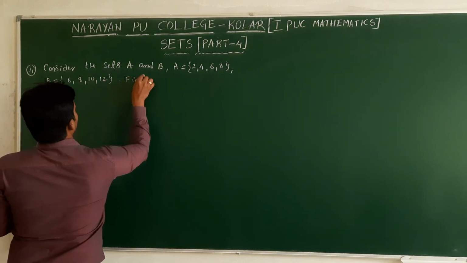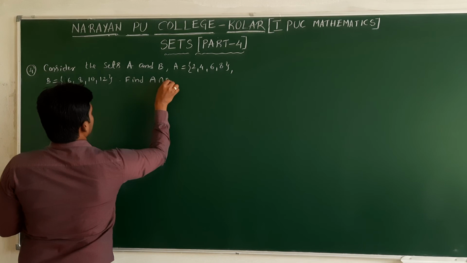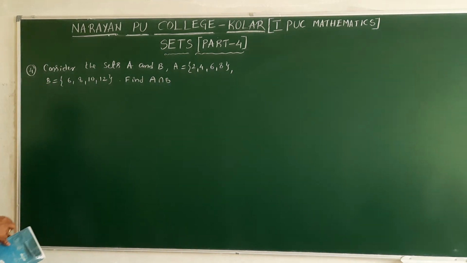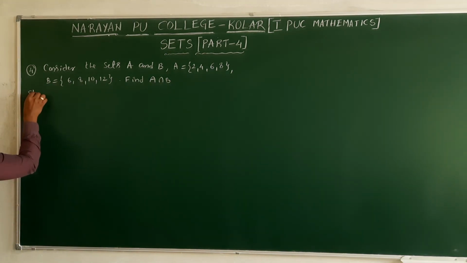Find A intersection B. We need to find A intersection B for the given sets.